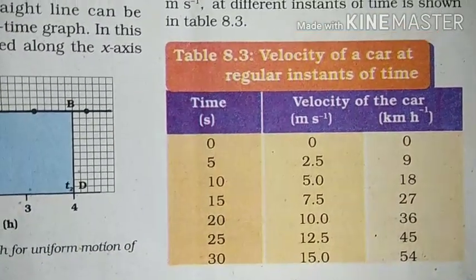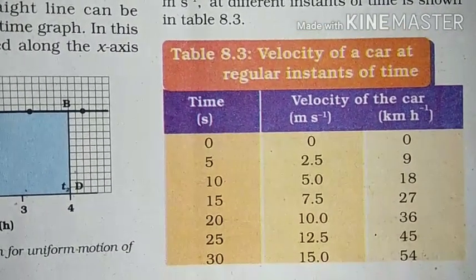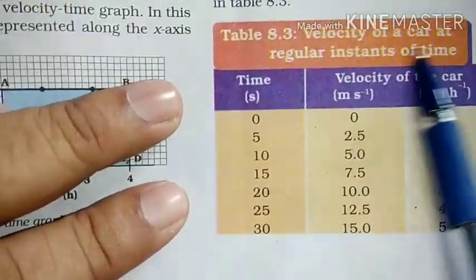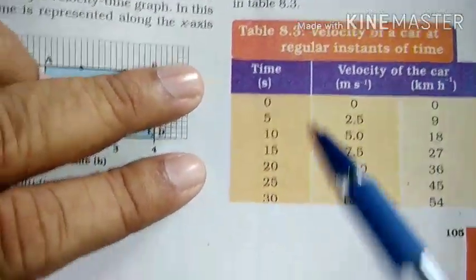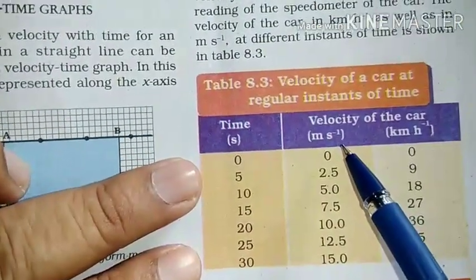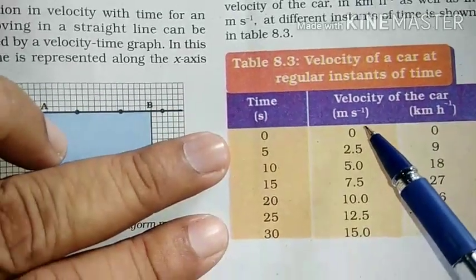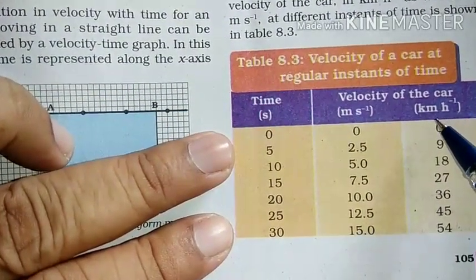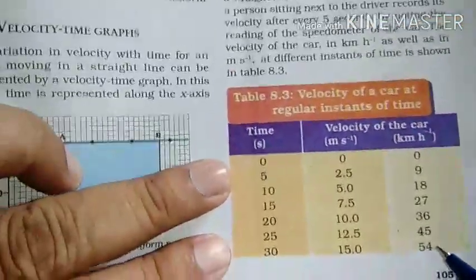What is given here? In table 8.3, velocity of a car at regular instants of time. Time is in seconds, and velocity is given in meter per second, and the same velocity is converted into kilometer per hour.